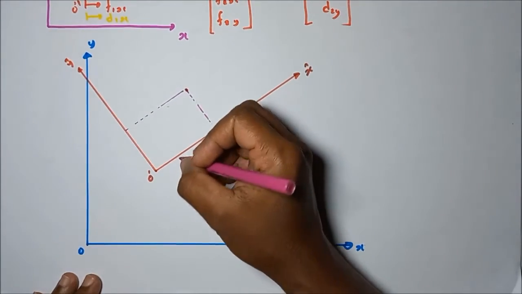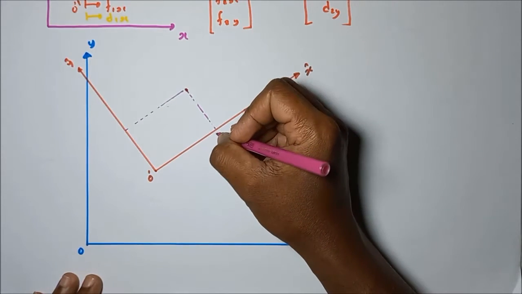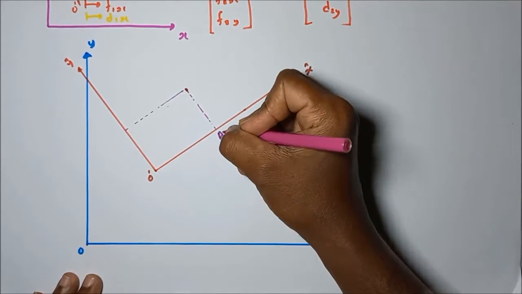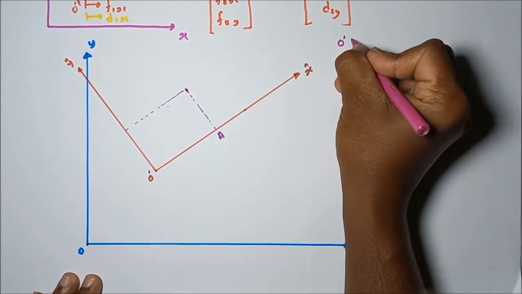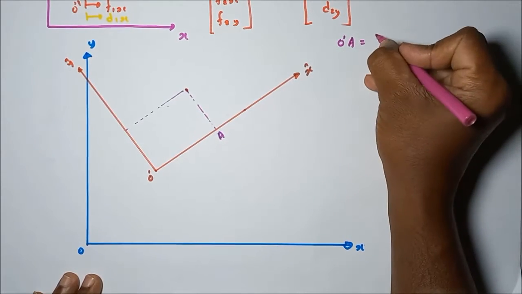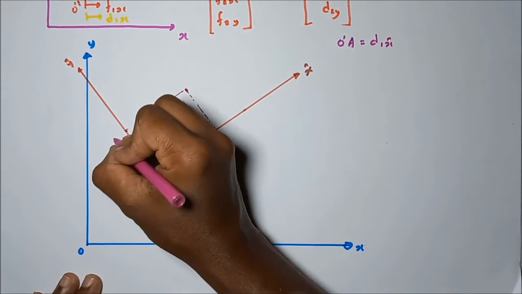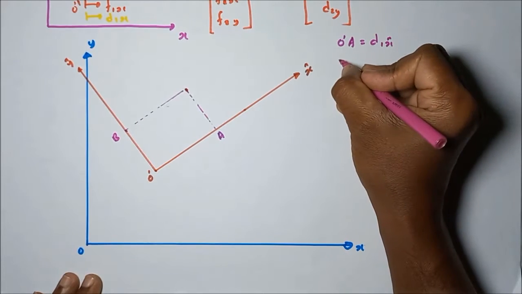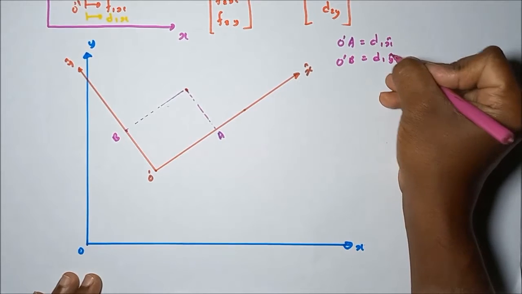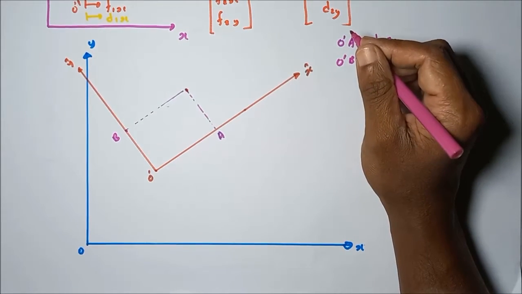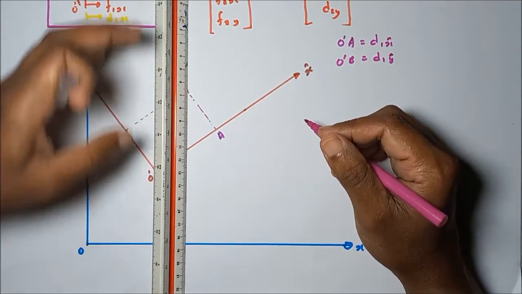Let's take this point as A. Then this displacement O dash A is equal to d1 x hat. Let's take this point as B. O dash B is equal to d1 y hat according to the local coordinate system.